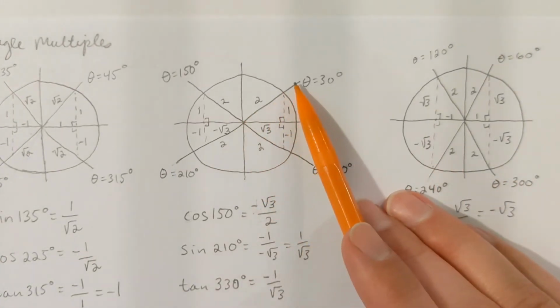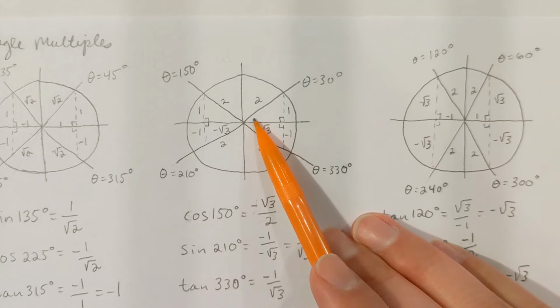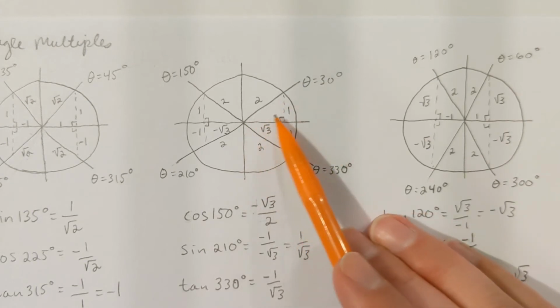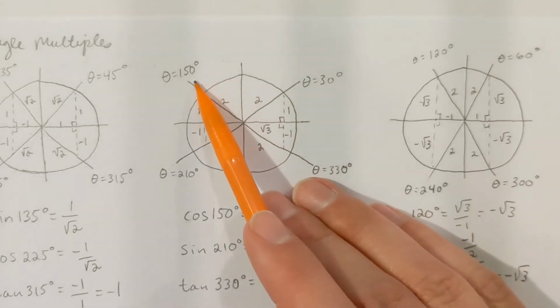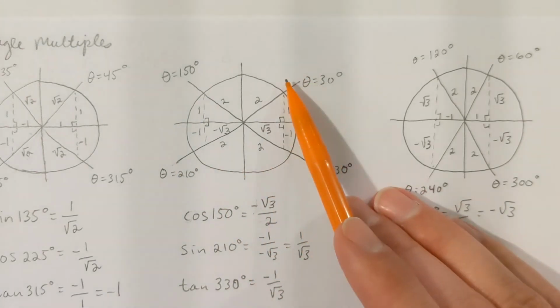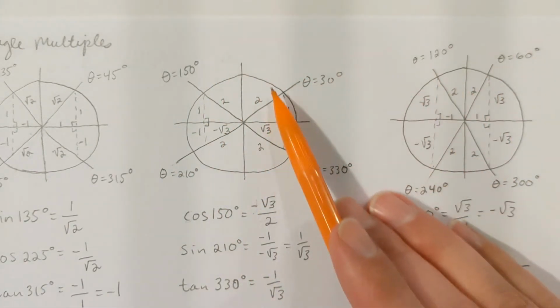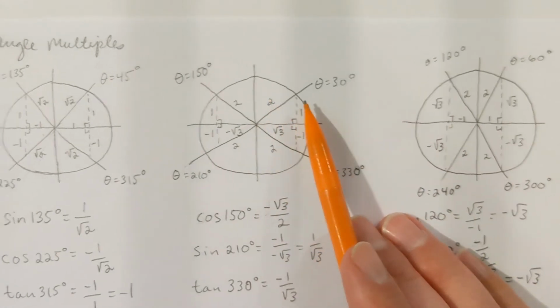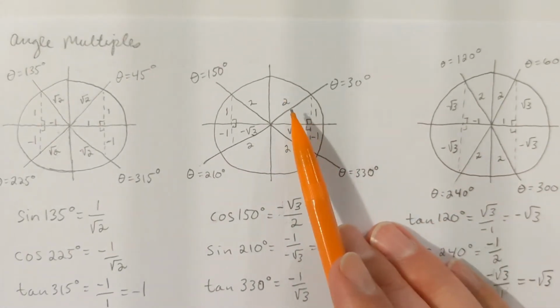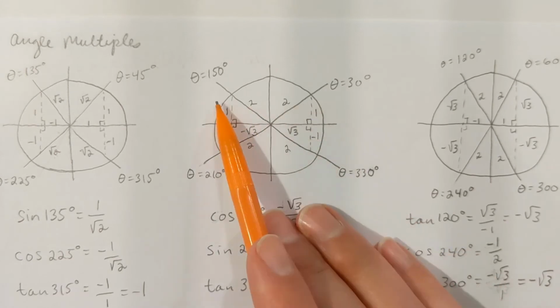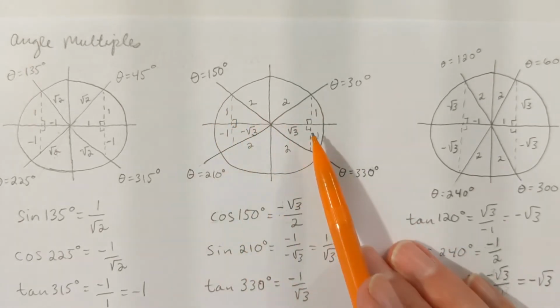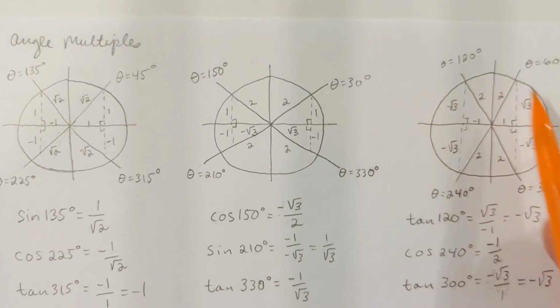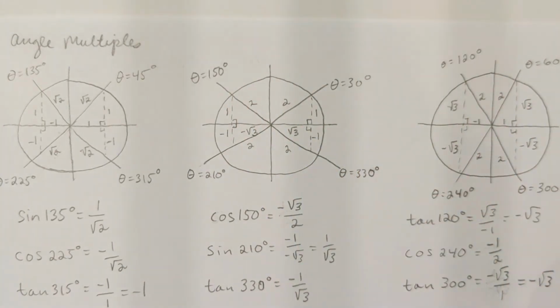And then here's a 30-degree angle, or 30, 60, 90 right triangle. And I've got multiples of 30 degrees. In this case, it'd be just flipping the triangle over into quadrant 2, quadrant 3, or quadrant 4, not necessarily an increment of 90 degrees there.